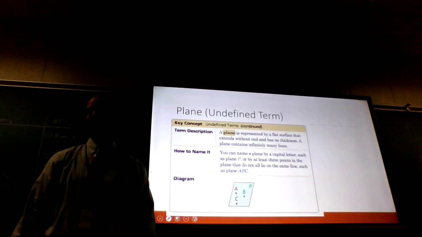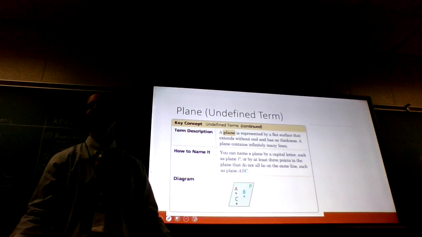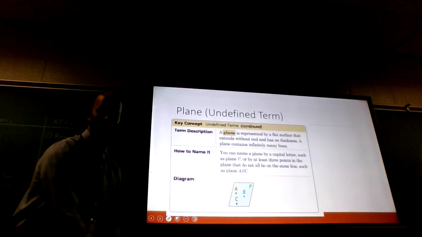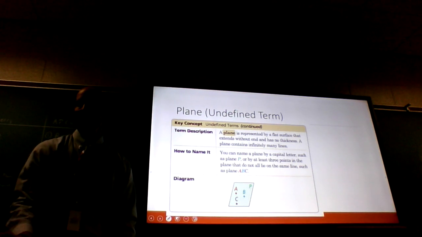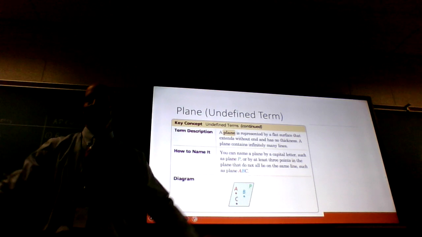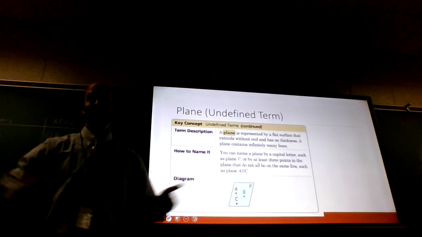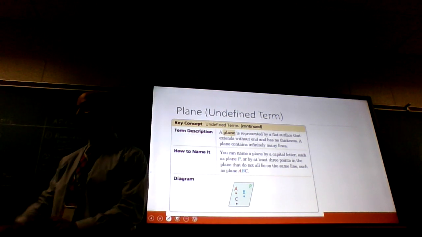The third undefined term is plane. And again, I know that you guys already know most of this stuff, but I want to go over it. I like to think of the floor as kind of like a plane. The difference though is the plane, guess how far out it goes? It goes out forever. And it goes out forever this way. So it's like infinitely long in all directions.